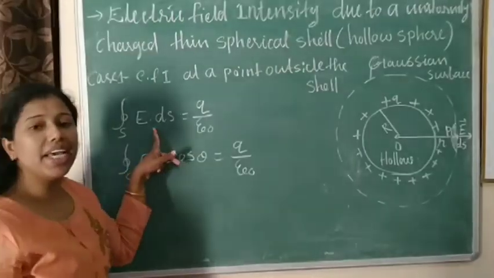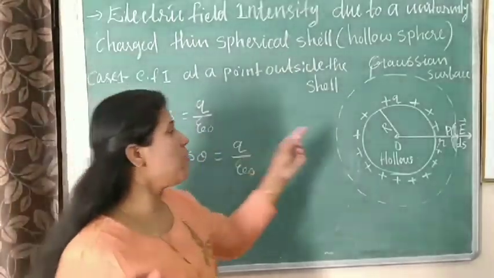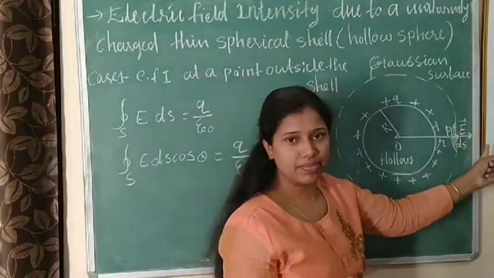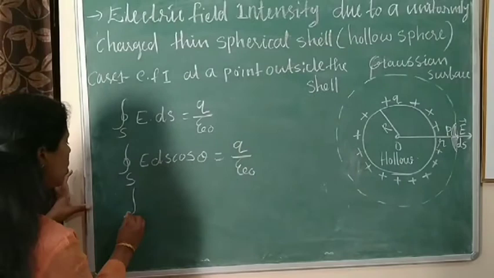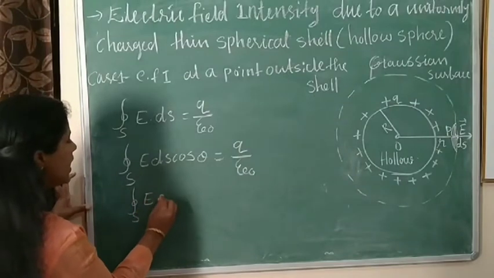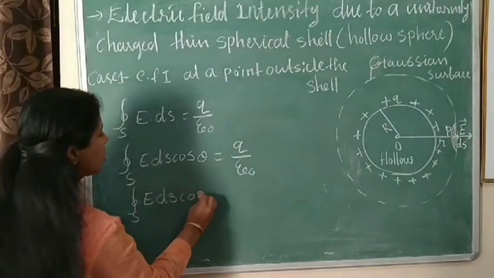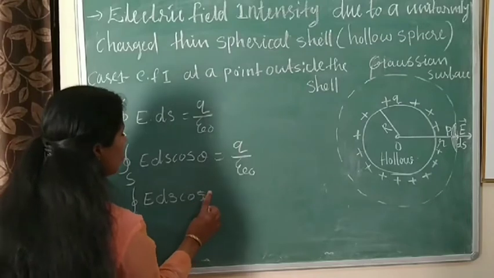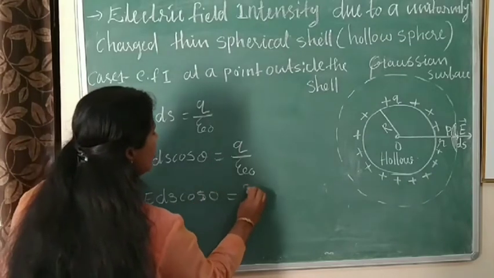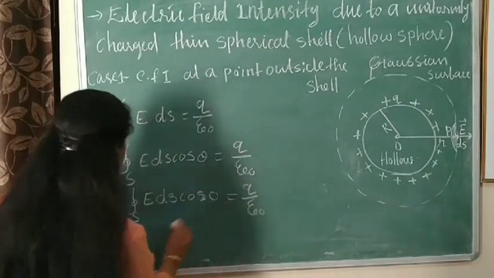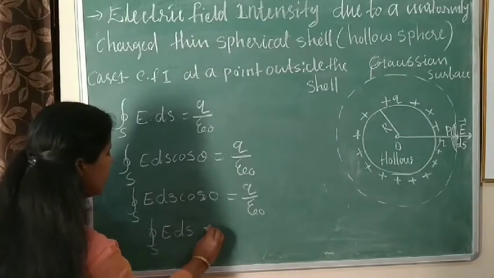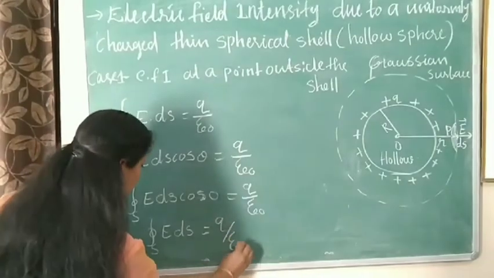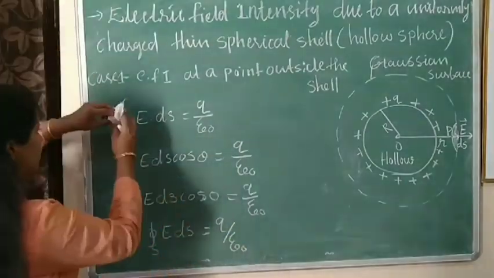E and ds are in the same direction, so the angle is 0. Substituting cos 0, which is 1, closed integral E ds is equal to q by epsilon naught.